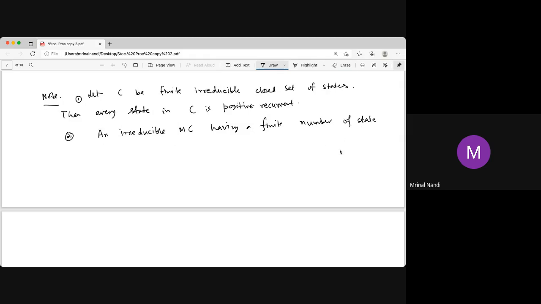Chain recurrent means every state is recurrent, chain transient means every state is transient, and chain positive recurrent means every state is positive recurrent.